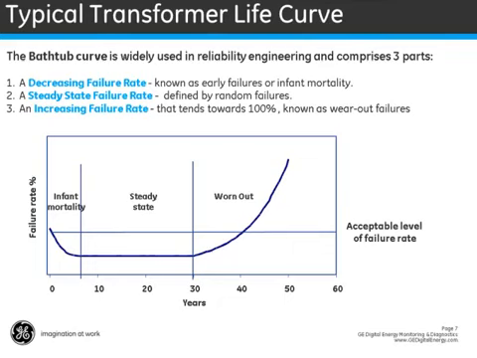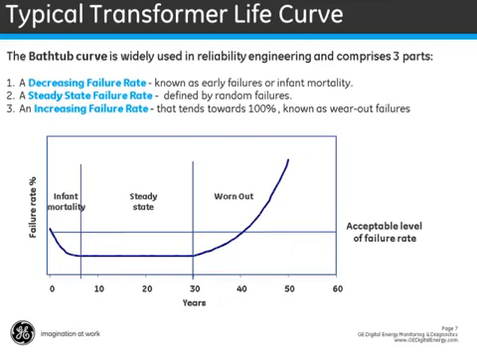This failure rate then decreases rapidly as defective units are identified and repaired or replaced. In the midlife of any transformer population, the failure rate is low and relatively constant. In the late life, and for transformers this can be considered as 30 plus years of age, the failure rate increases as age and wear and tear take their toll on the product.